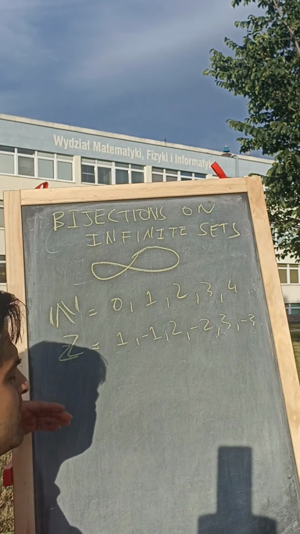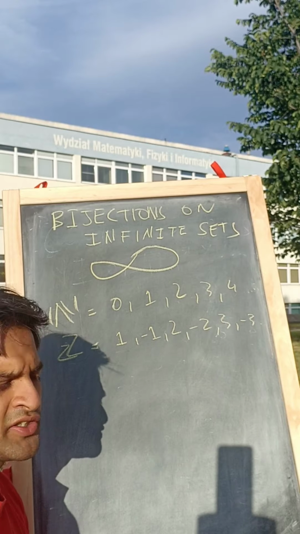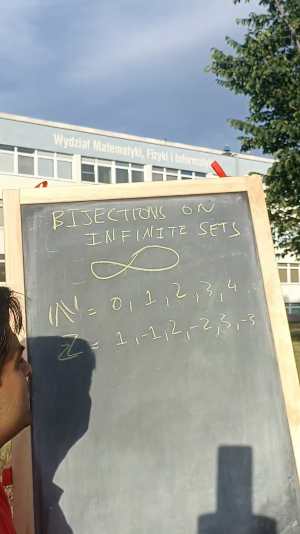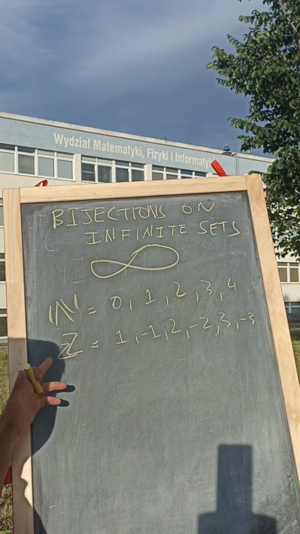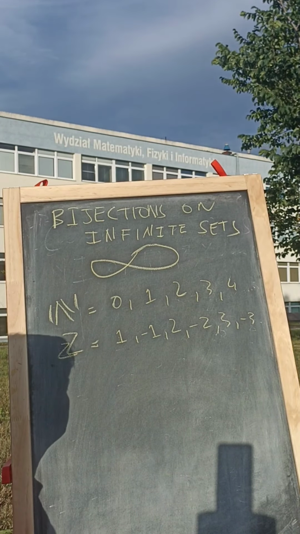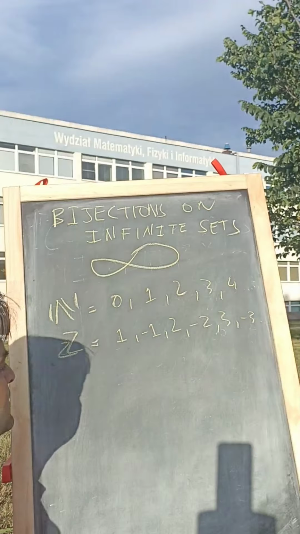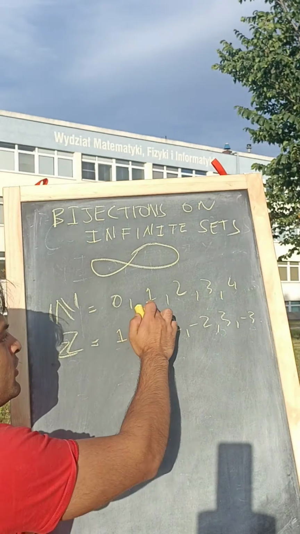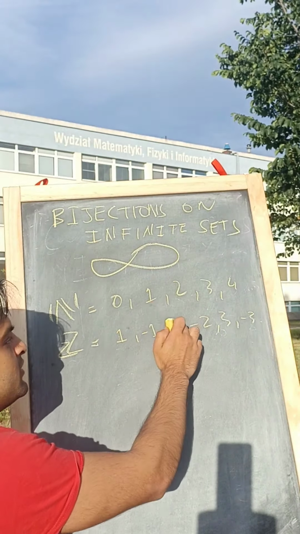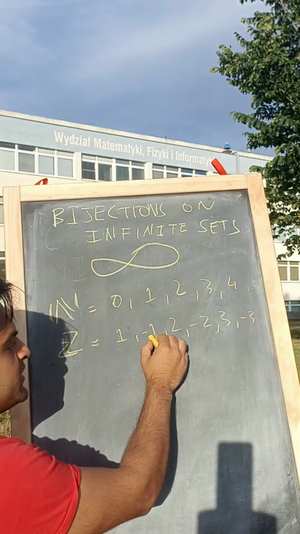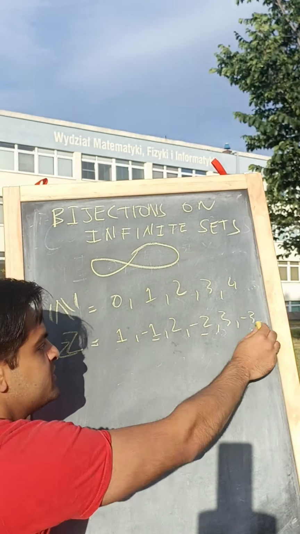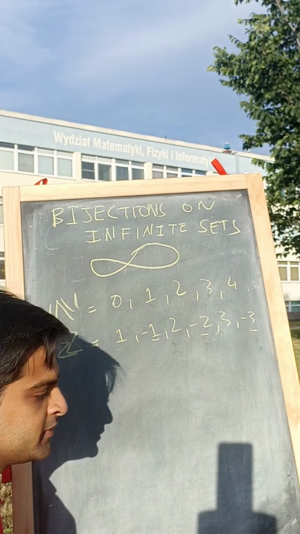If I were to ask you a simple question, which set is bigger? You would obviously say that this set is much bigger than this set, and the reason is quite obvious: it contains all of these numbers. It contains 1, 2, 3, 4, but it also includes the negative numbers, minus 1, minus 2, minus 3, and so on and so forth.